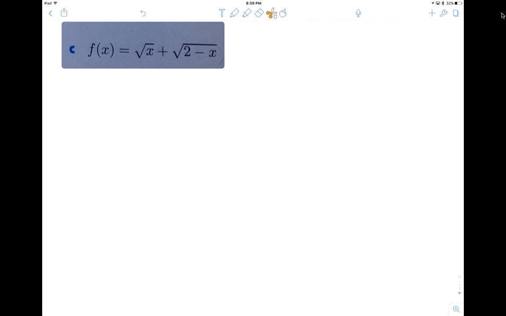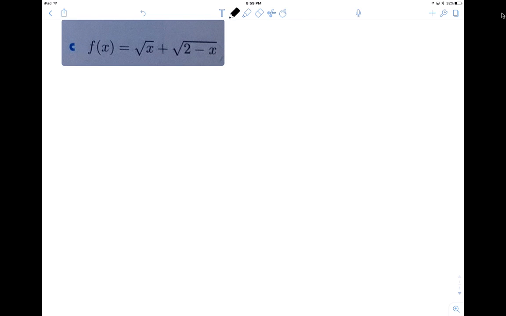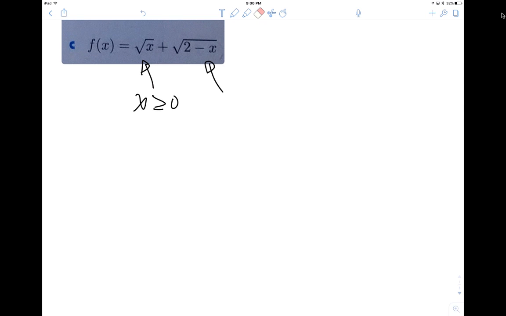The domain is okay. We're okay as long as x is greater than or equal to 0 for this term. For the square root of 2 minus x, well, if we were to go 2 minus 2, we get 0. So 2 is fine. But what else is fine? 1 is fine. Anything in the x which is less than 2 will be fine.